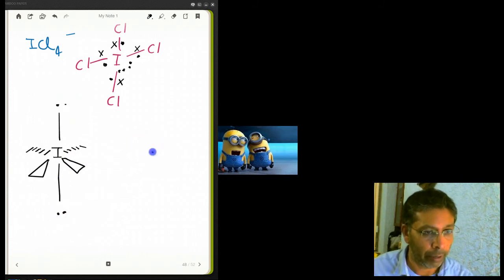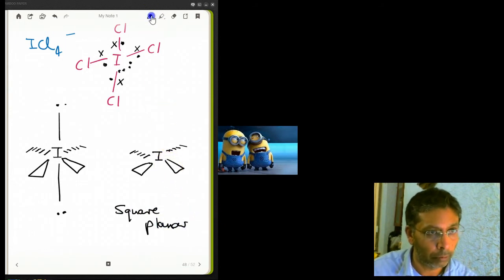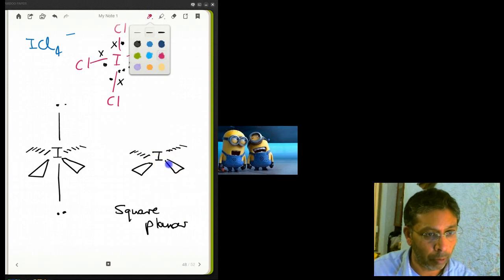So now we have iodine. Can you guess the name of the shape? And the name of the shape is square planar. Bond angle, 90 degrees.